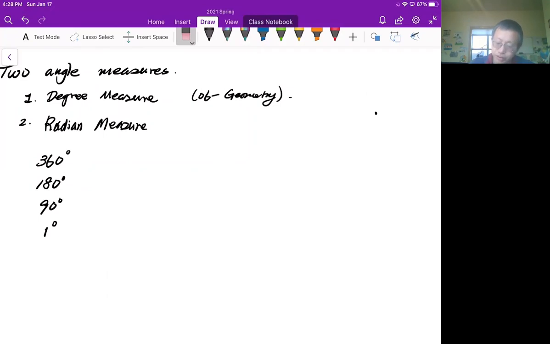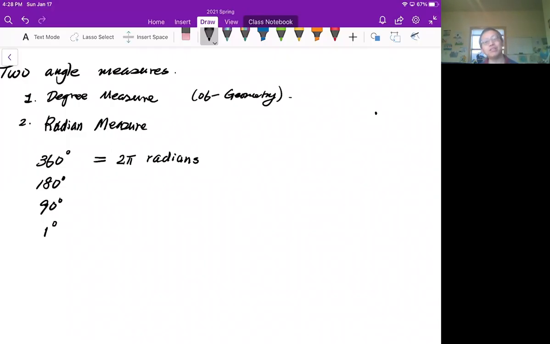For the radian measure, I'm going to make the following equation. 360 degrees is just 2 pi radians. Some of you are not familiar with that, so you might ask, why do I need that?